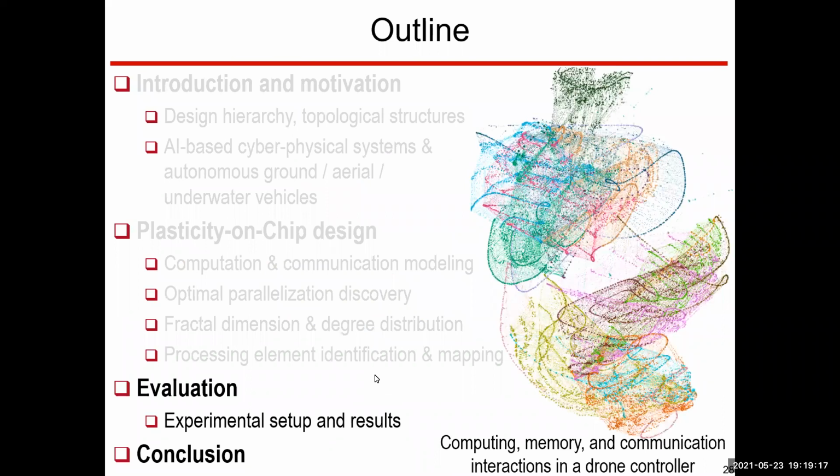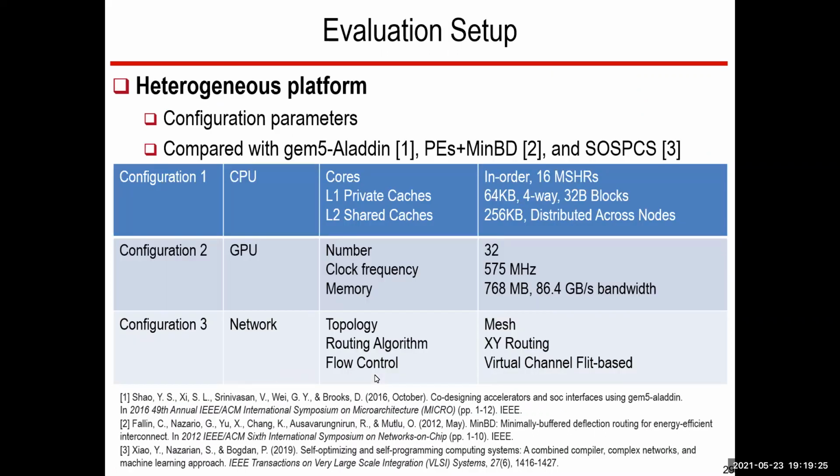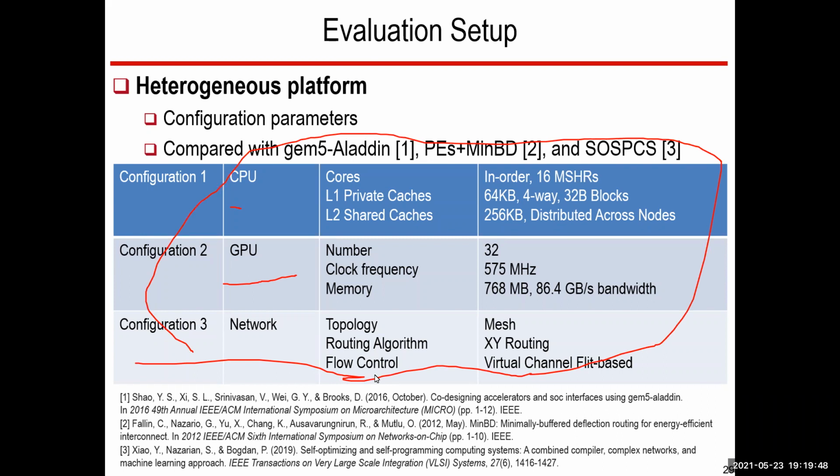Next, I'm going to briefly talk about the evaluation and conclude this presentation. Let's discuss the experimental results. We use 32 CPUs and 32 GPUs, and these are the configuration parameters we used in the evaluation. We also compare our framework with Gen 5 Aladdin, MinBD, and SOS PCS.